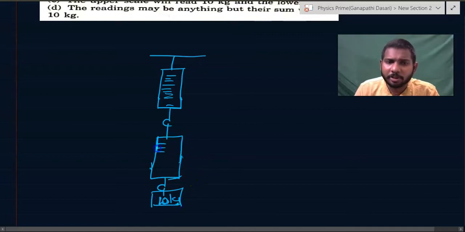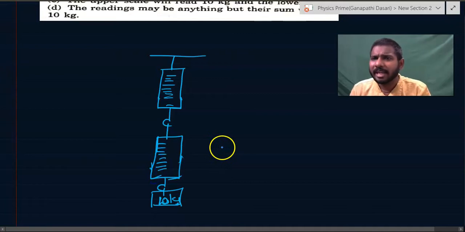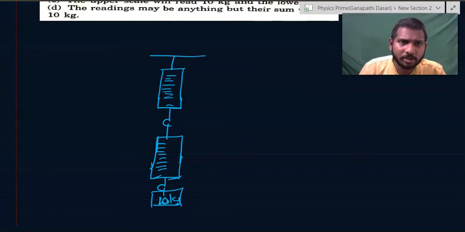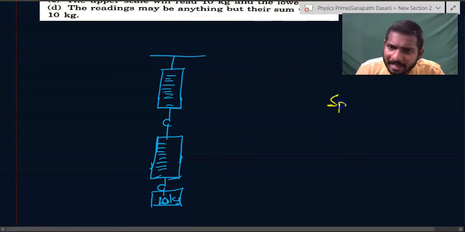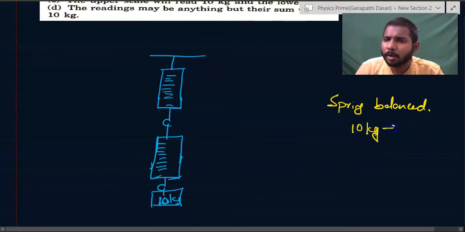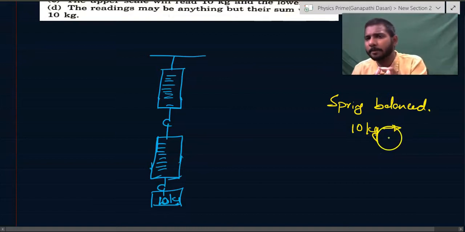So actually, you need to understand what will be the reading in a spring balance. Spring balance will be calibrated, my dear students. You need to know this point. How will it be calibrated? Suppose there is a 10 kg mass tied to the spring balance.